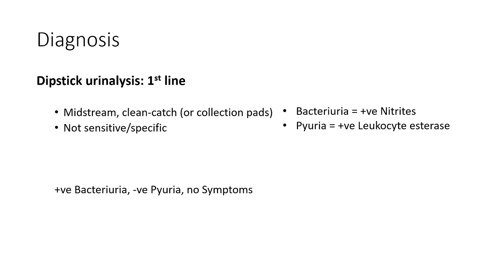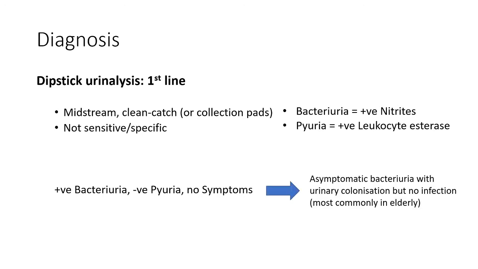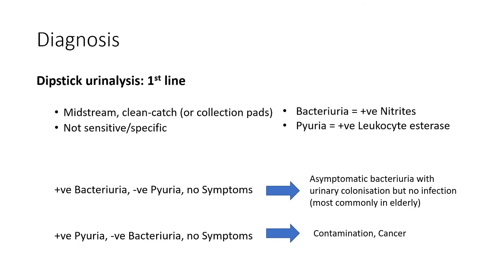This is defined as asymptomatic bacteriuria, and it is most commonly seen in the elderly. The second scenario is when there are white blood cells found in the urine but still no symptoms. This could indicate a contamination from vaginal secretions or an inflammatory response due to cancer.